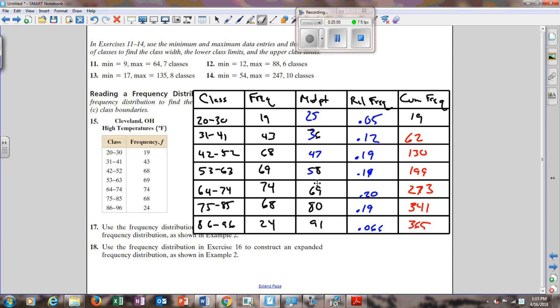Okay, number 18. Doing the same thing, but for the other chart.